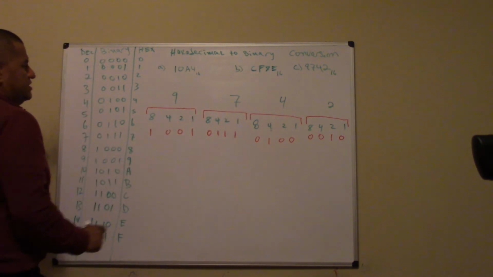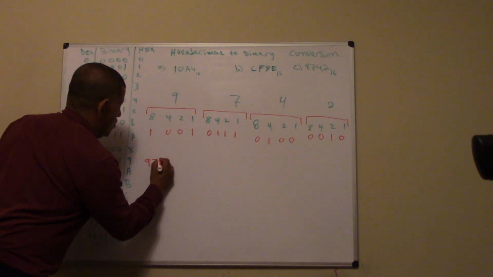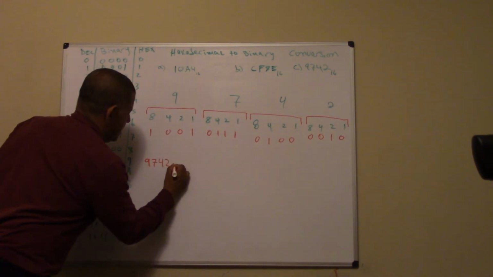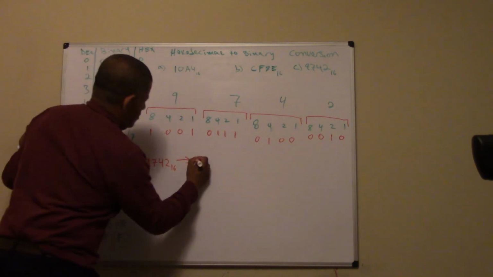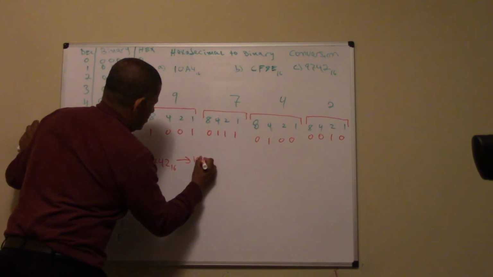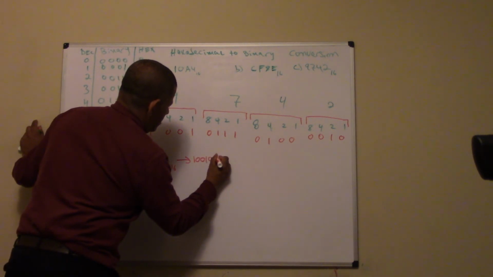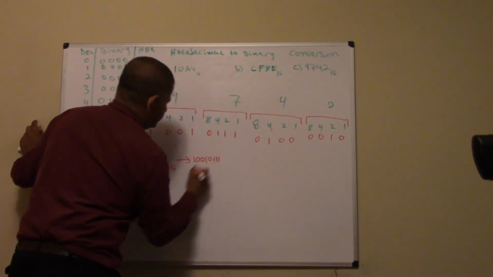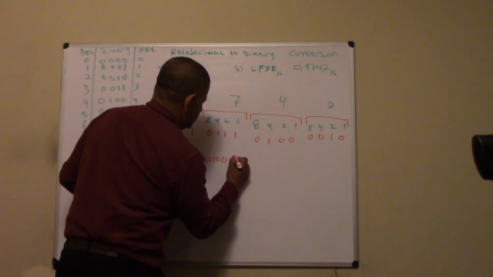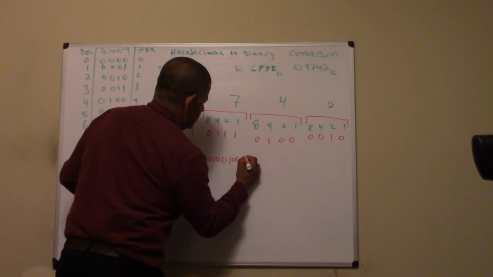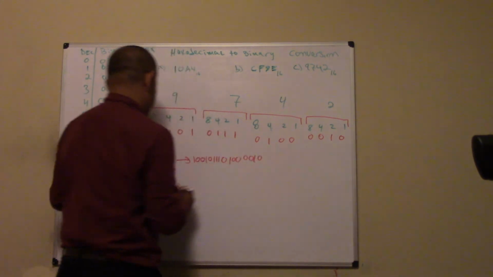So the binary representation for 9, 7, 4, 2, base 16, is 1, 0, 0, 1, 0, 1, 1, 1, 0, 1, 0, 0, 0, 0, 1, 0.